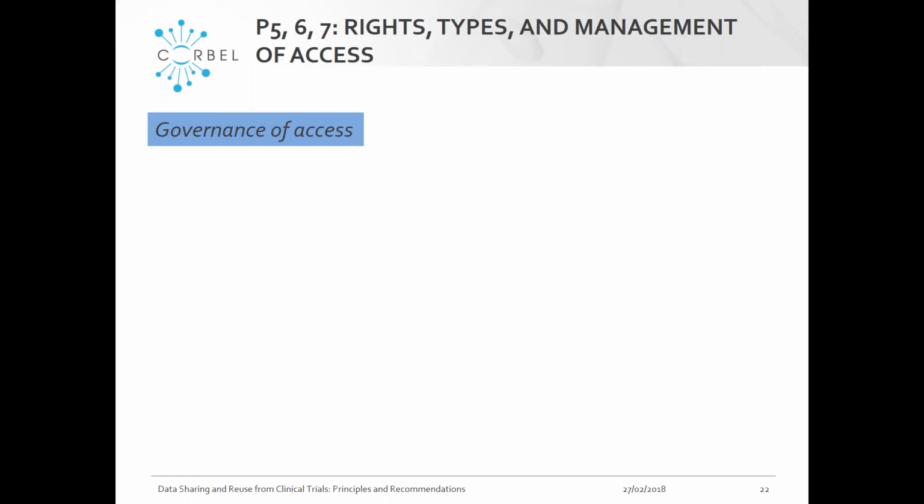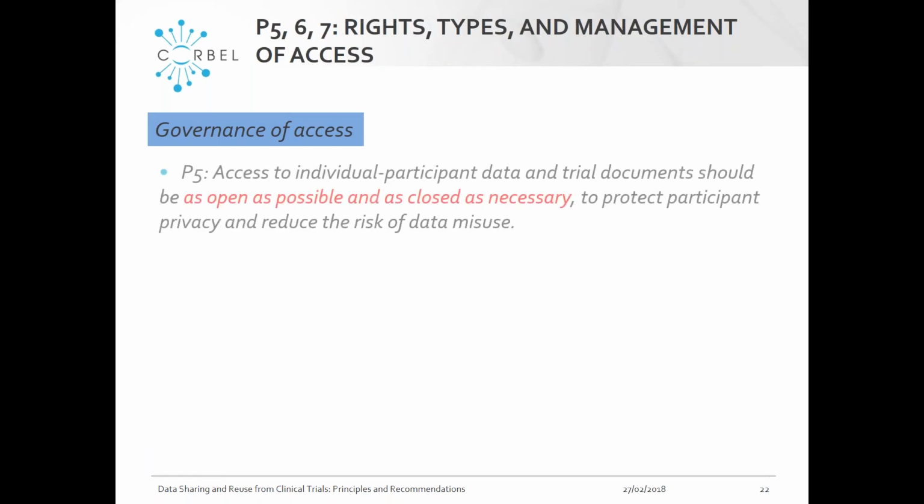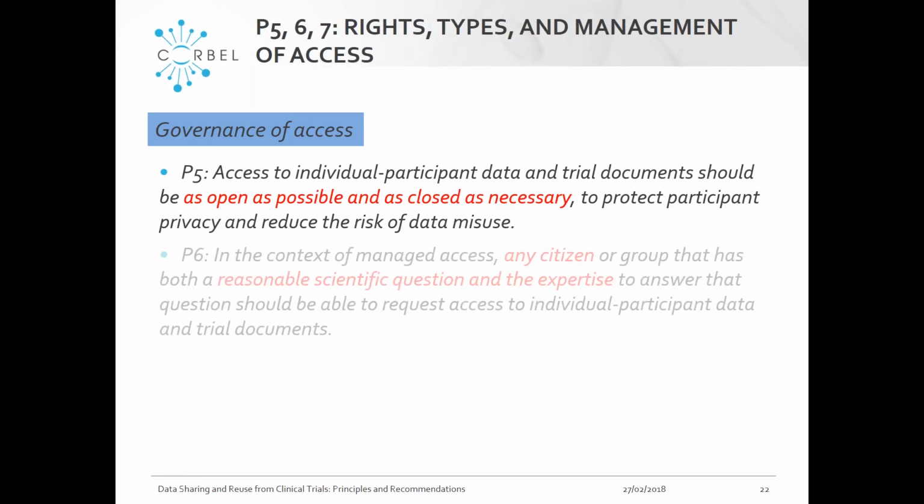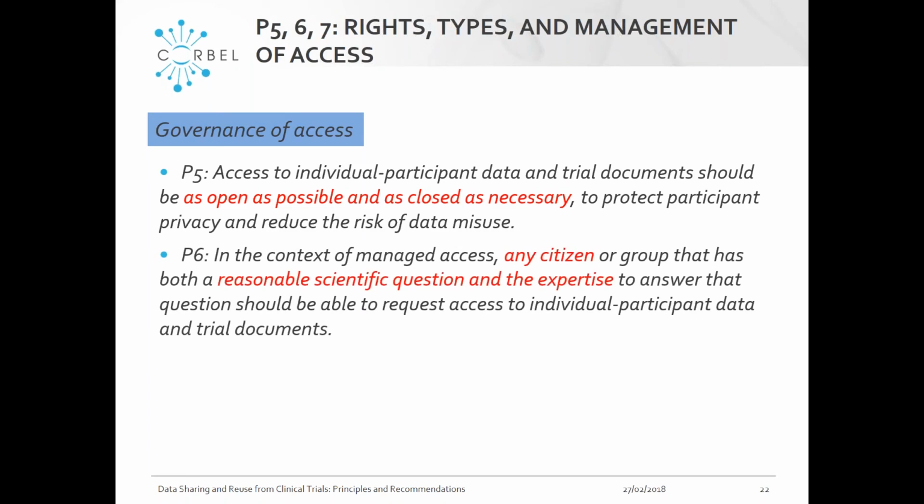Here, the group was of the opinion that access to individual participant data and trial documents should be as open as possible and as closed as necessary, and that any citizen, regardless of his or her professional role, can have the right to request access to data in the framework of a more controlled or managed access.